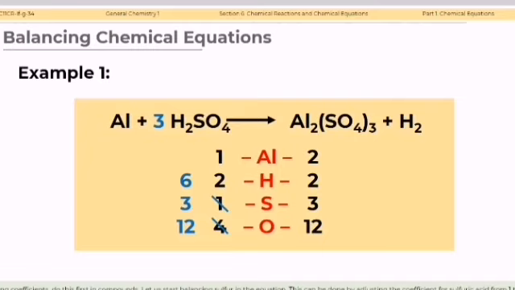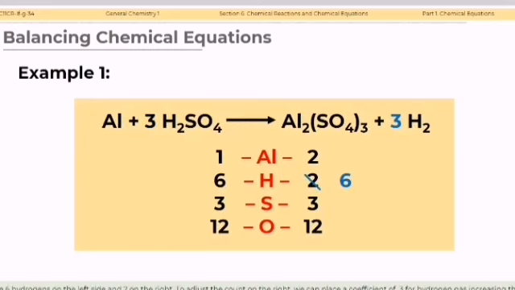At this stage, hydrogen and aluminum are not yet balanced. It is an advantage that the coefficients of the elements are adjusted last, since no other element would be affected.